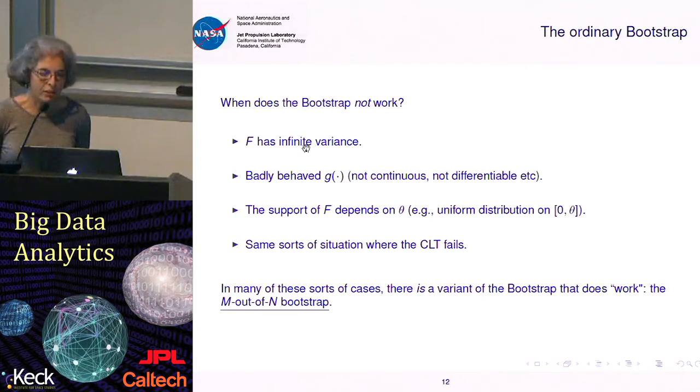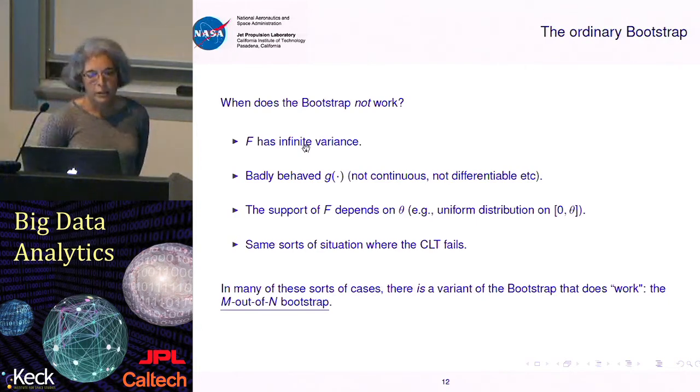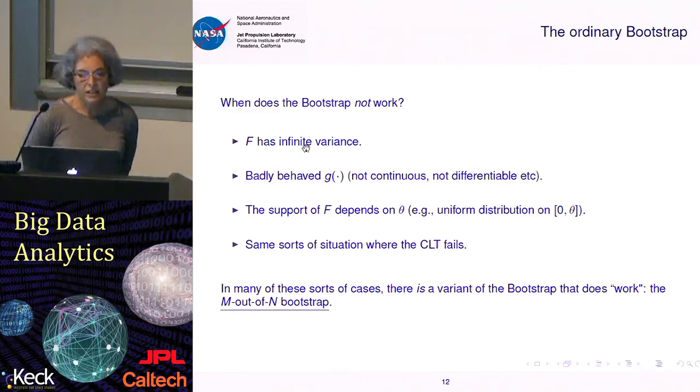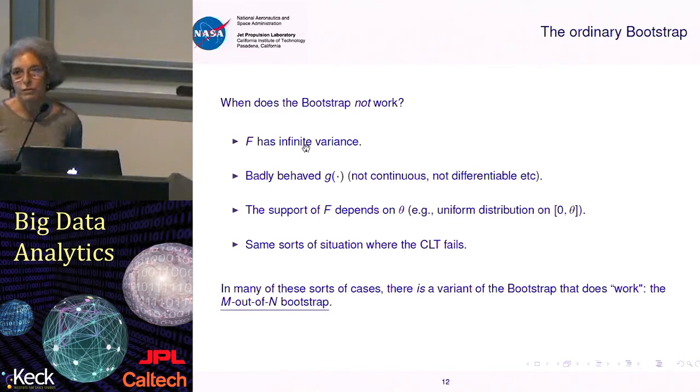We said that it does tend to work for the quantiles, but n has to be very large because the median is not a continuous function, and n has to be very, very big before we can overcome that. Things like sampling on the uniform distribution, where either the upper or lower limit of that uniform distribution is the parameter we care about, that's tough. And rather unfortunately, things go wrong in the same sorts of situations where the central limit theorem goes wrong.